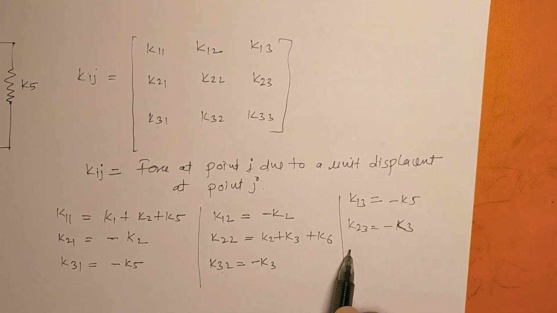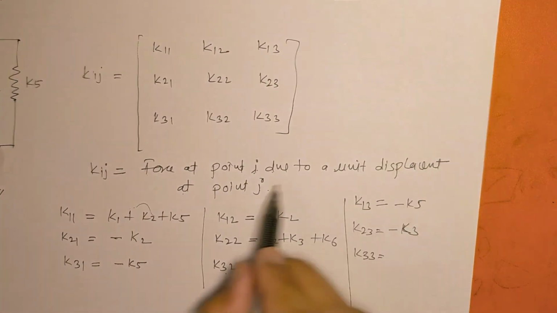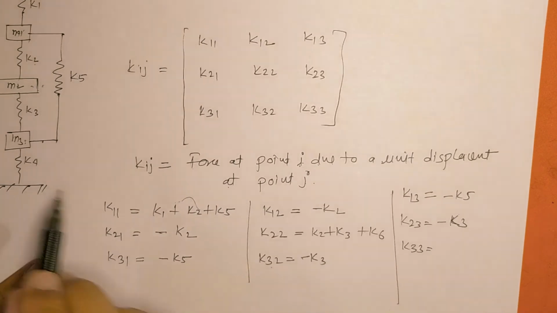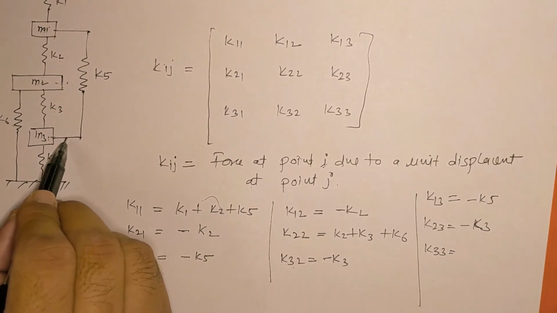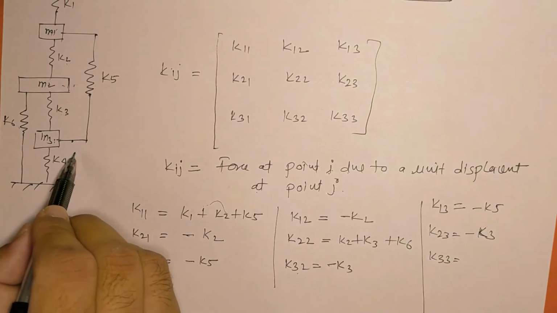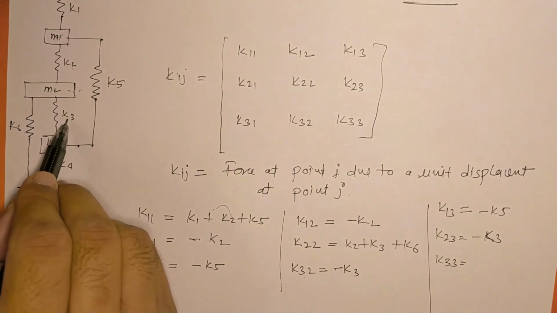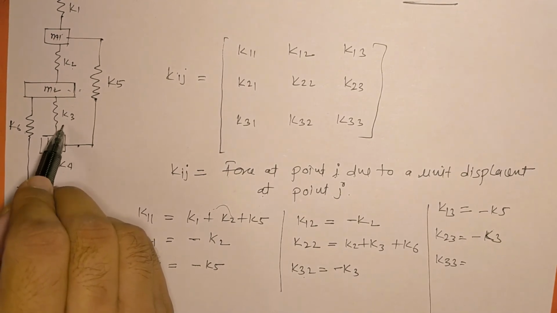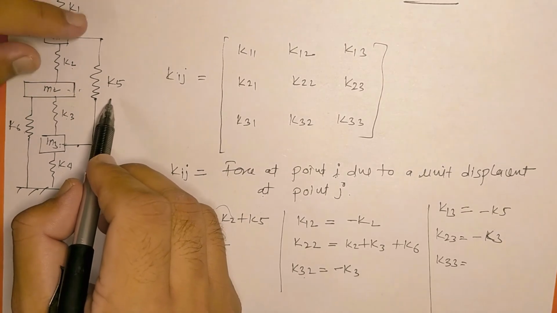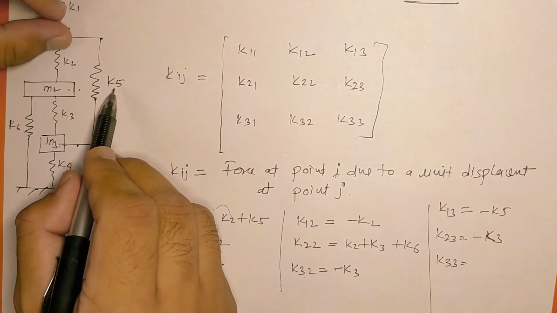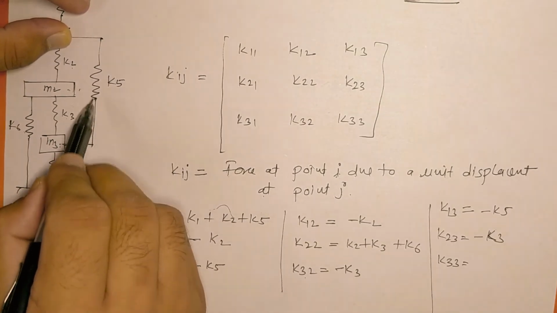And similarly, K33, the force at point 3 due to unit displacement at 3: if 3 is displaced by unit displacement in this direction, K4 will exert a force in this direction, K3 will exert a force K3 multiplied by 1 in this direction, and similarly K5, because the other end is fixed, so a force K5 multiplied by 1 is exerted in this direction.